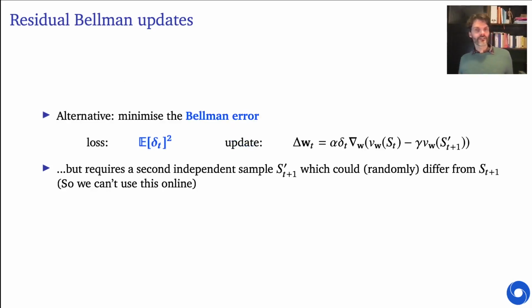So this algorithm can only be applied if you have a simulator that you can reset. You should be able to sample the transition twice, essentially. And then you could apply it, but that's an unrealistic assumption for many cases. If you're a robot in the real world, and you're just interacting with the world, you can't resample a transition twice. So then this algorithm becomes less feasible.